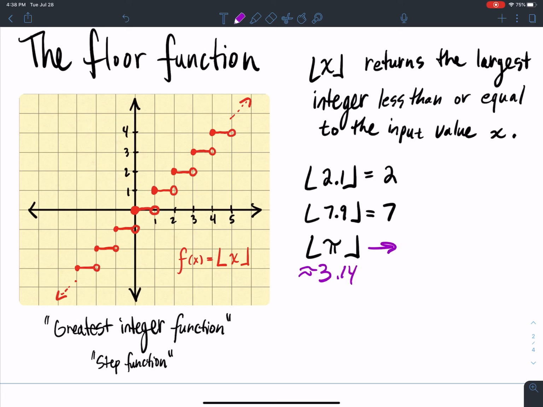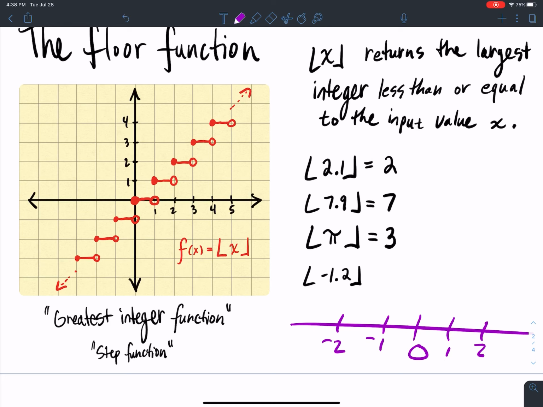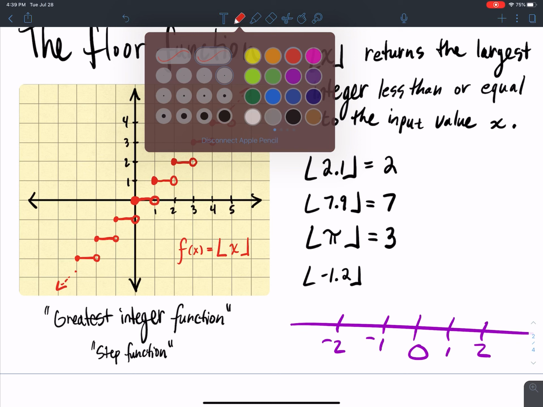Now pi is roughly 3.14. So what is this going to be? This is going to round down to 3. And then this is where it gets weird, but you just continue the pattern. You think about a number line. You've got 0, -1, -2, 1, 2. It's the integer that's less than or equal to that value.